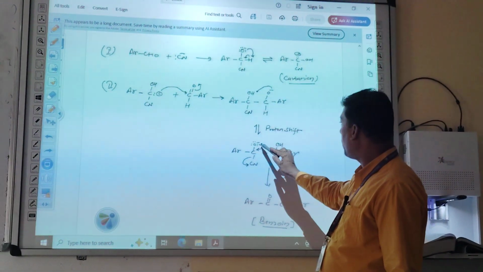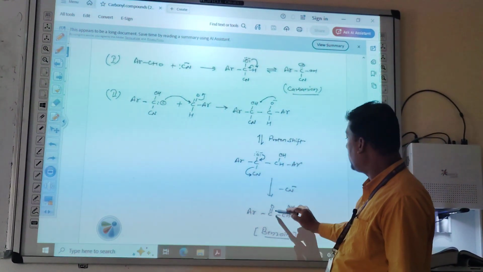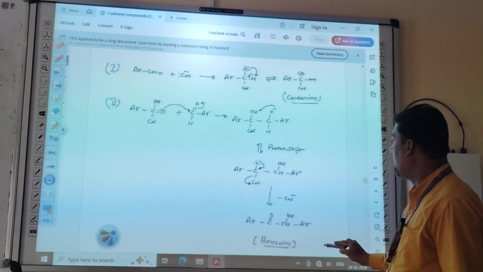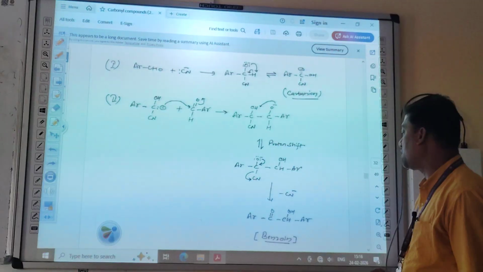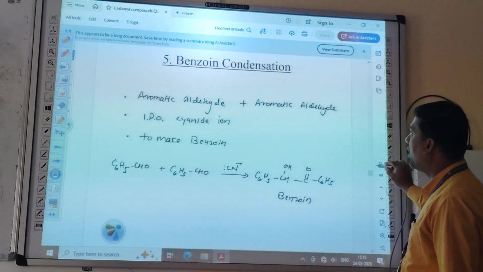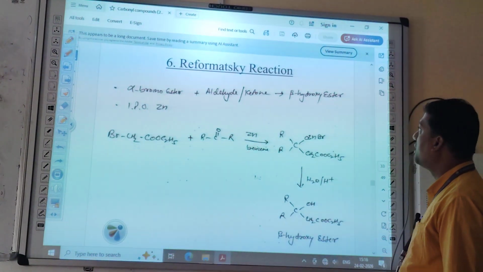Then O minus will form the double bond, that's why C double bond O and CHO is there. And the name of the product is benzoin. This is the product of the benzoin condensation reaction.